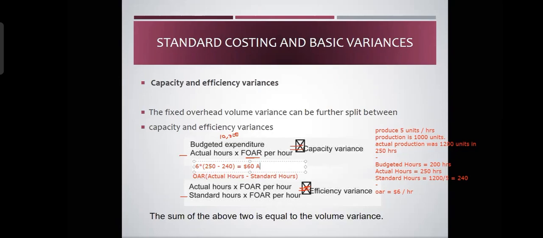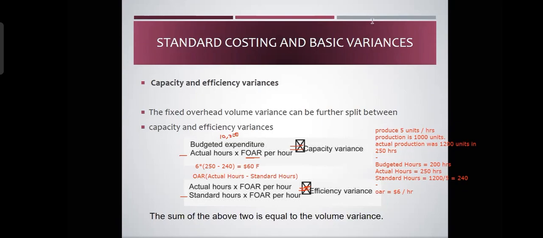I'm sorry, $60 favorable, because you made it in less hours. So this is the concept of budgeted hours and standard hours. You should remember that. Sometimes students think that budgeted and standard are the same. No, budget is what was actually planned. Standard is how much it should be based on actual production, and actual is, of course, what you did.